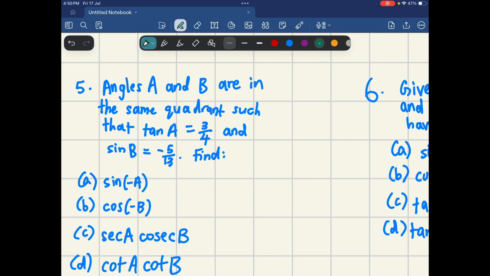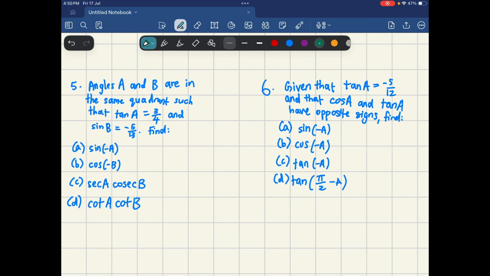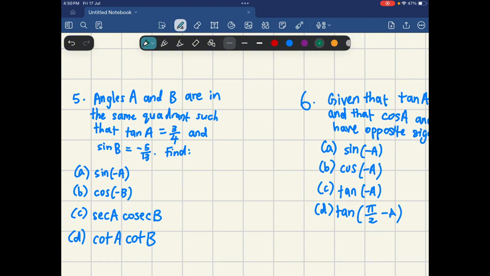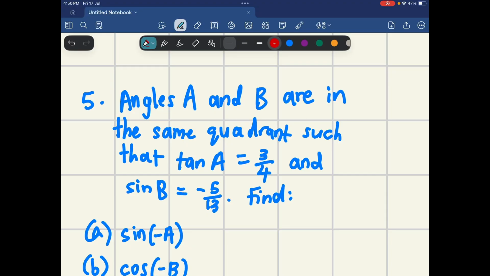Now question 5 onwards is where it gets a bit tricky because we're introducing two angles instead of just one angle. So it states that angles A and B are in the same quadrant such that tangent A is positive and sine B is negative.